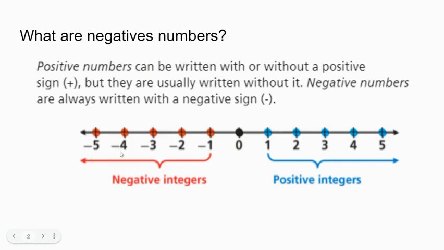Notice how each negative number has that negative sign. We have -1, -2, -3, -4, and -5. Then in blue, we have our positive integers. We have 1, 2, 3, 4, and 5.